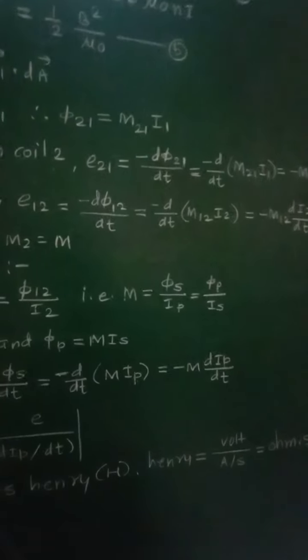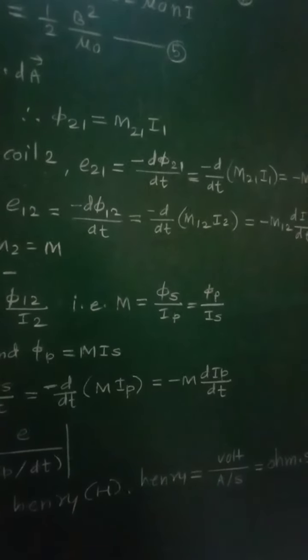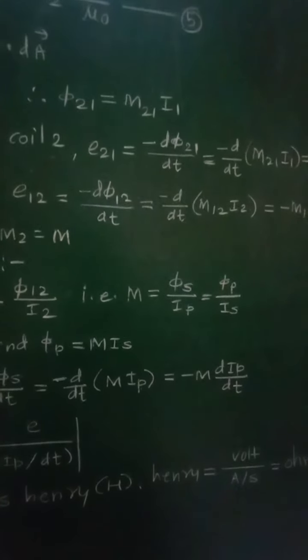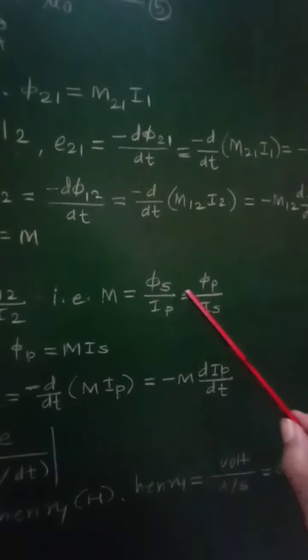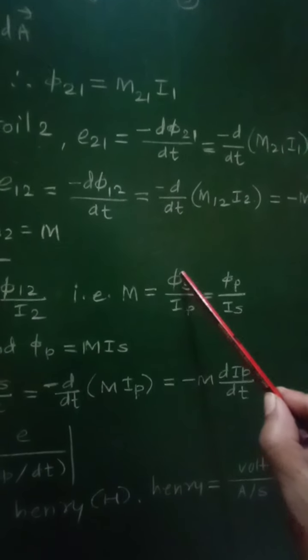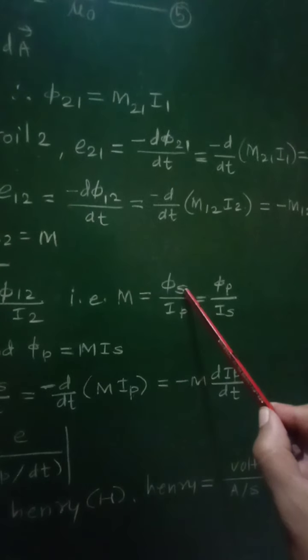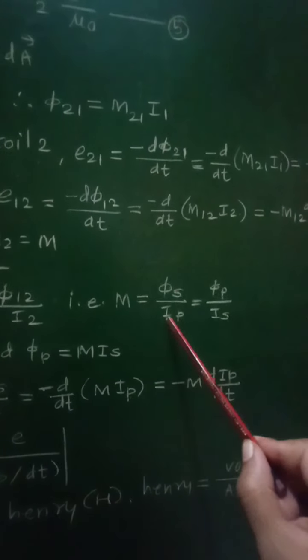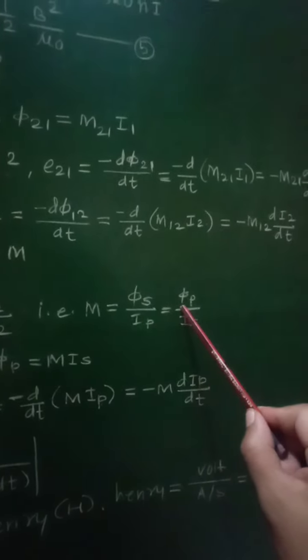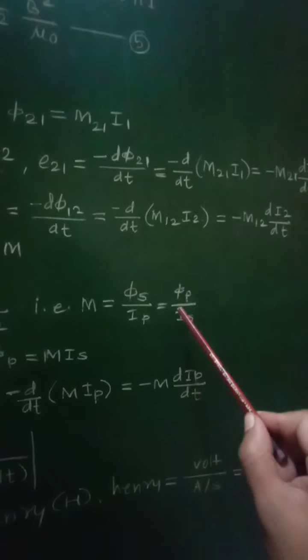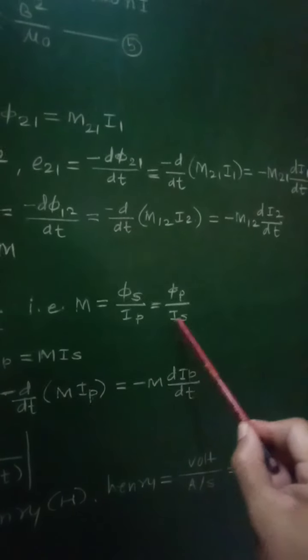In this case the first coil is considered as the primary coil, P, and the second coil as the secondary coil, S. Therefore M equals phi s upon Ip, that is magnetic flux linked with the secondary, coil 2, upon current in the primary, which equals magnetic flux linked with the primary divided by the current in the secondary, that is Is.